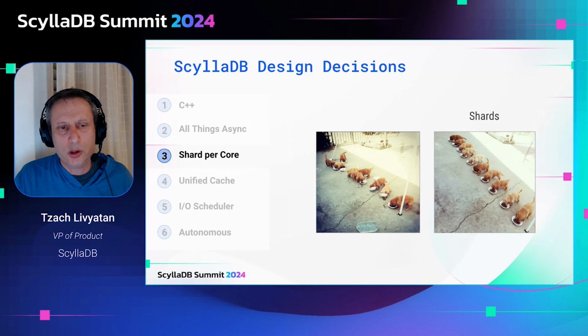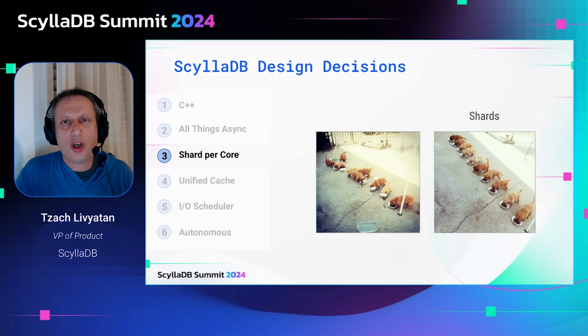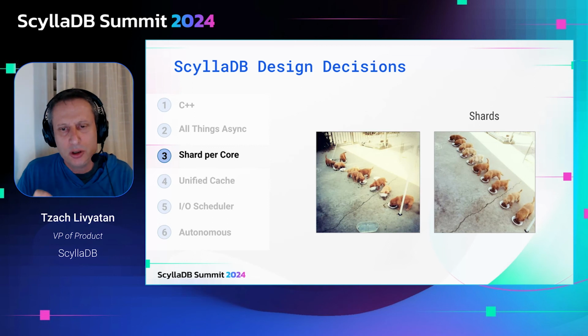So Scylla is built on a shard per core architecture, and shard per core is basically running one thread per CPU. But not only that, this thread has its own designated chunk of memory, designated chunk of network, and designated chunk of storage. So there is minimal interaction between the cores, and each of them can run its own engine in a very efficient way, because it never gets context switched, it never waits.